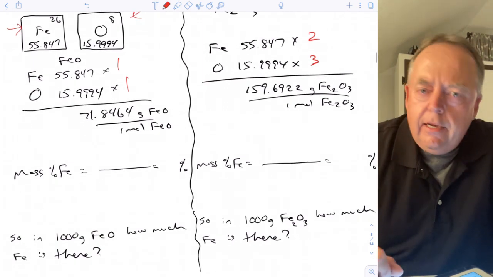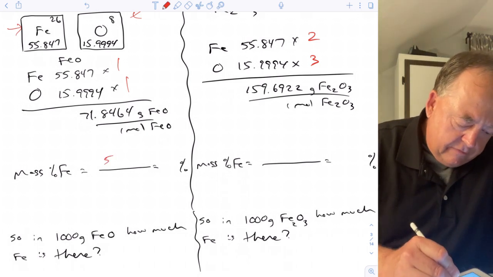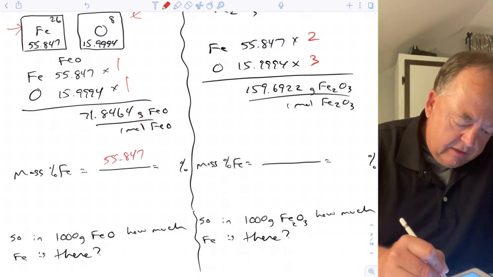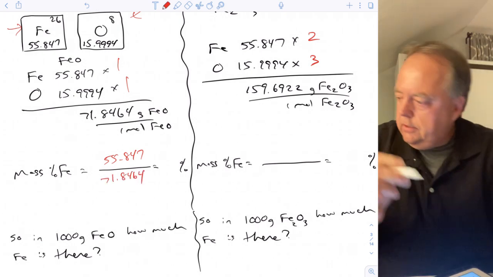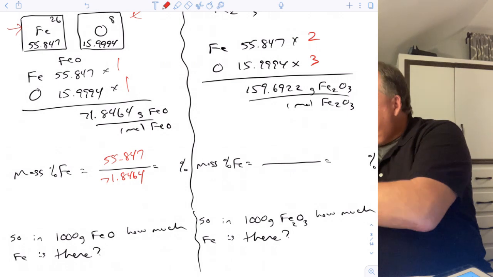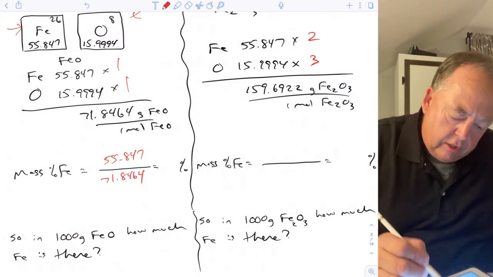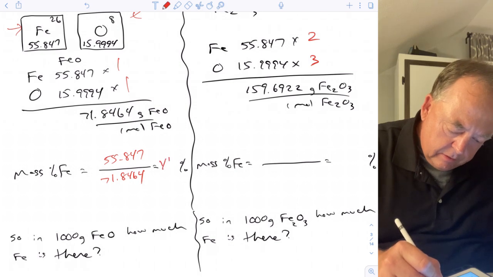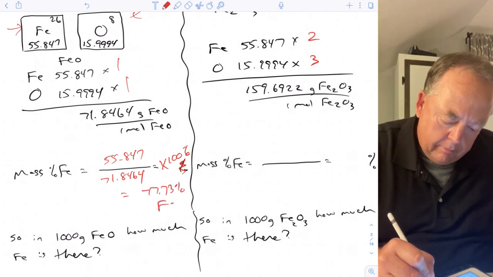So now we can calculate mass percentage of iron. We're going to take the 55.847 and divide it by the total, 71.8464, times 100%, and that would give you 77.73% iron by mass.